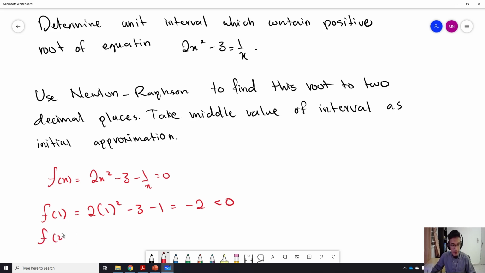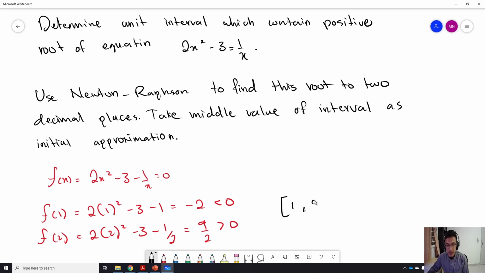For f(2) equal to 2(2) squared minus 3 minus 1 over 2, this is equal to 9 over 2, which is bigger than 0. So from here we can justify that we have a root within the interval of 1 and 2.